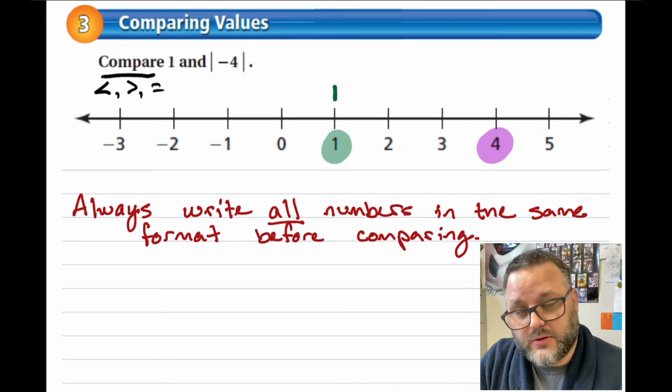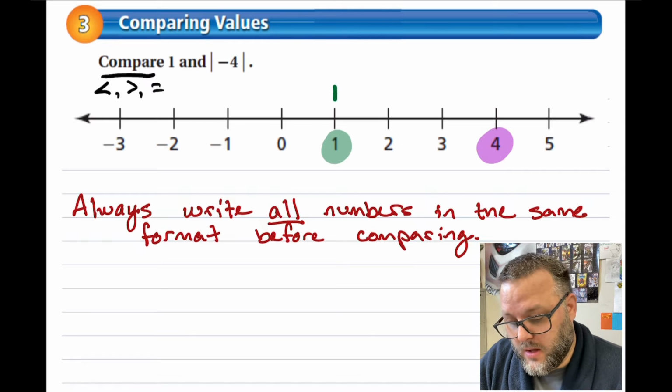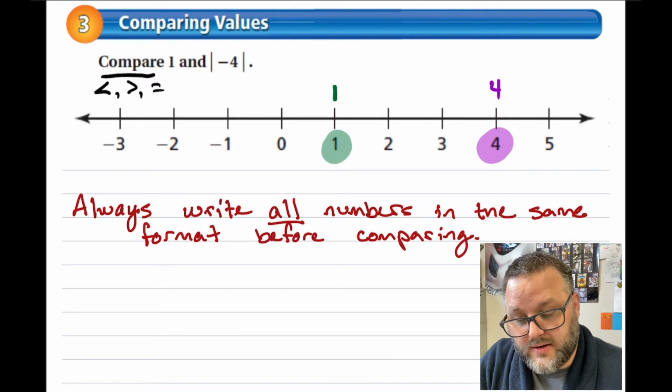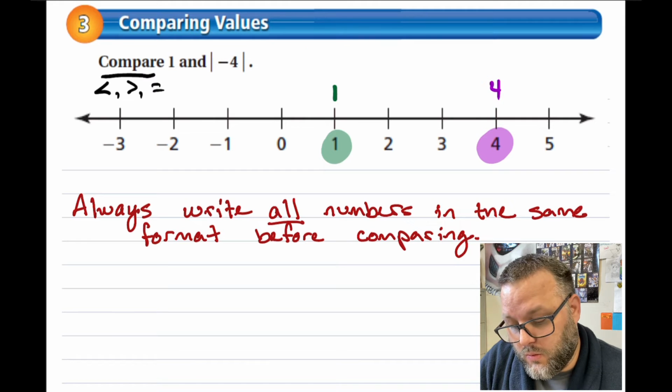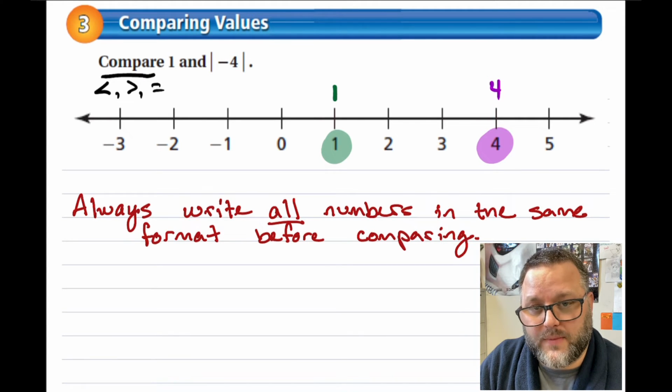However, the absolute value of -4 is saying start at 0 and how far away is -4? Well, it's a distance of 4 away. And what I'm going to do is I'm going to take that answer and find it on my number line and say, boom, it's right there. So I'm actually comparing 1 and 4 when it says to compare 1 and the absolute value of -4.